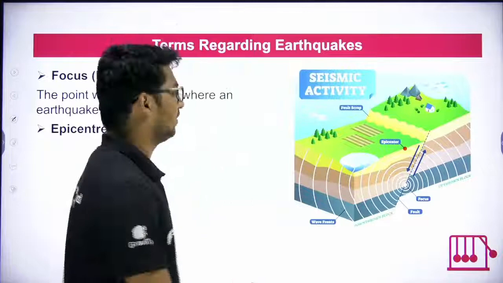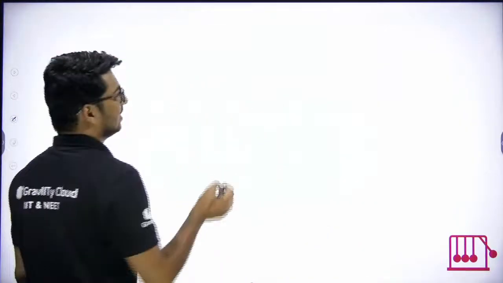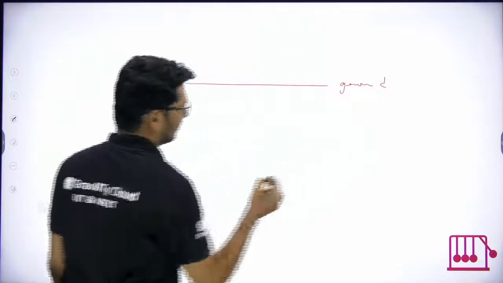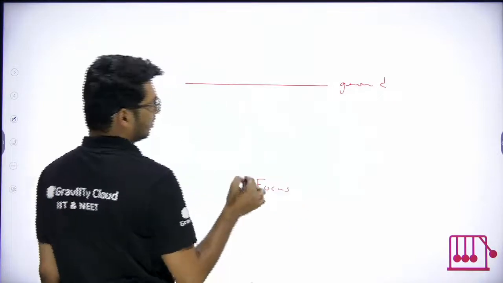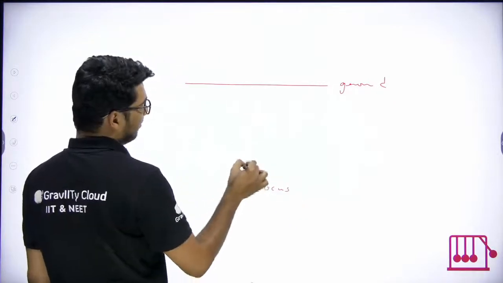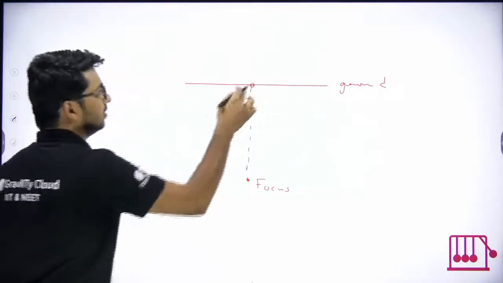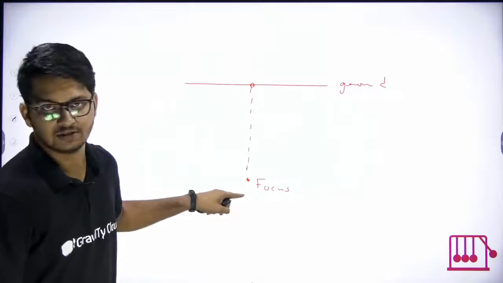Then we come across epicenter. What is epicenter? Epicenter is directly above. So let's say this is the ground, and somewhere here the earthquake has occurred, the focus. So where will most of the damage be? Most of the damage will be directly above. The closer it is to the focus, the more the damage.